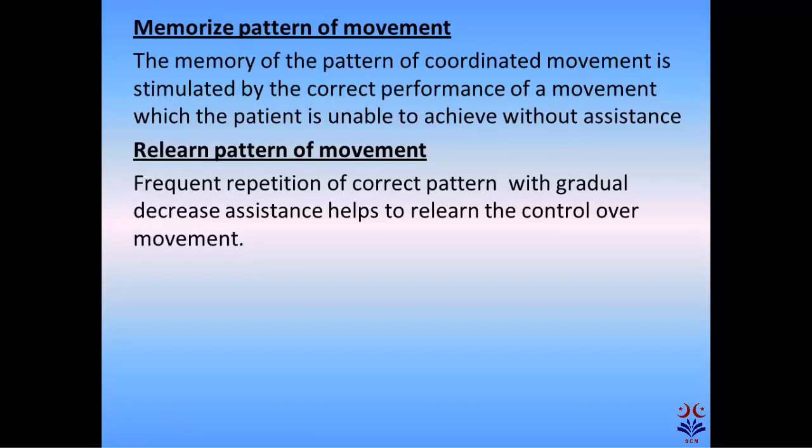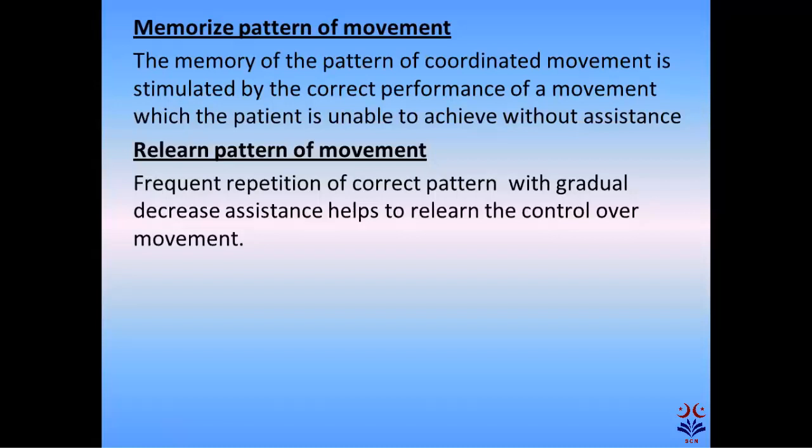When the muscles gain their power by the repeated use of the assistance and the exercises, and we gradually decrease the assistance to the movement, then the muscles are finally capable of doing that movement without any assistance. In this way, they relearn the pattern of movement.